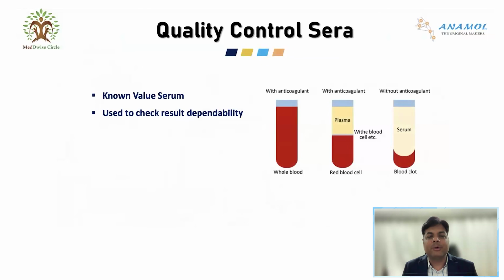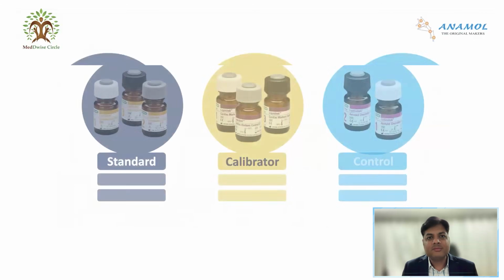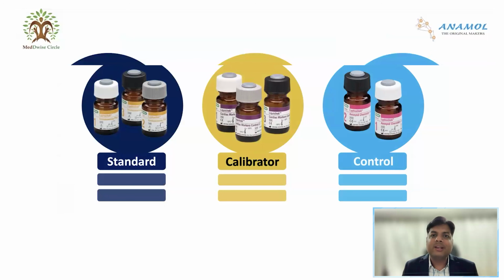In our previous video, we understood that QC sera or quality control sera are known value samples which are used to calculate the value of the analyte in patient samples, which are unknown value samples. They are also used to check whether the test which we have performed in the laboratory is correct or not. We use these 3 terminologies very frequently.